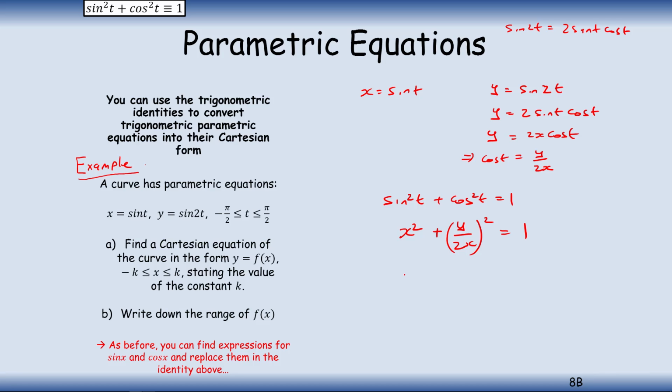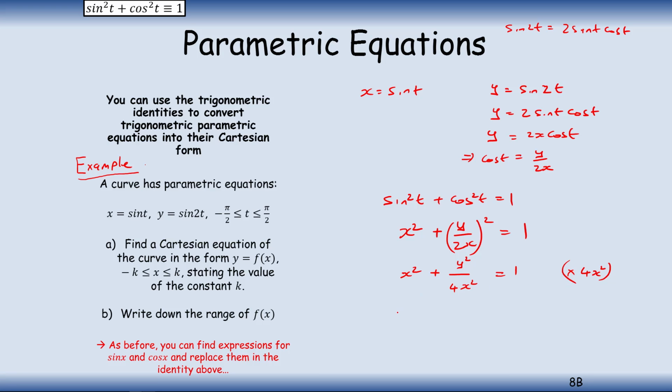So let's expand and simplify. That means that x squared plus y squared over, don't forget the square in the bottom, 4x squared, is equal to 1. So let's get rid of the denominator here. We multiply every term by 4x squared.